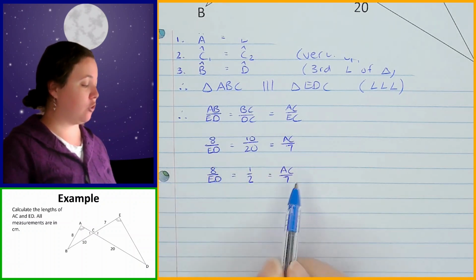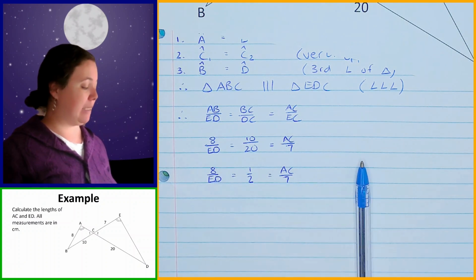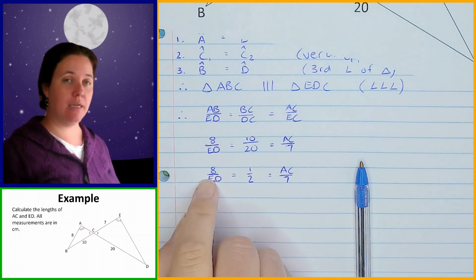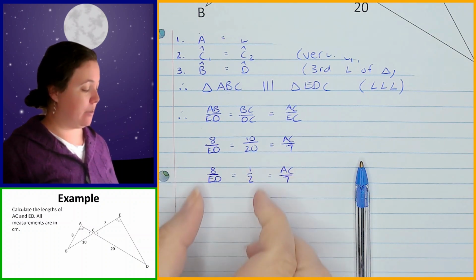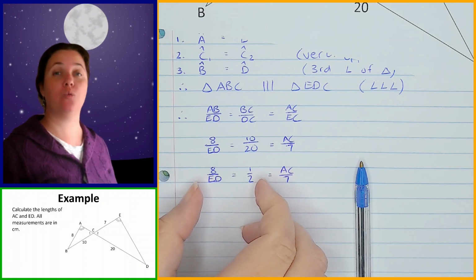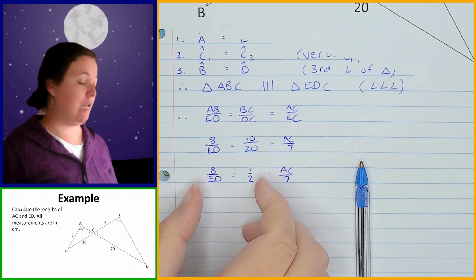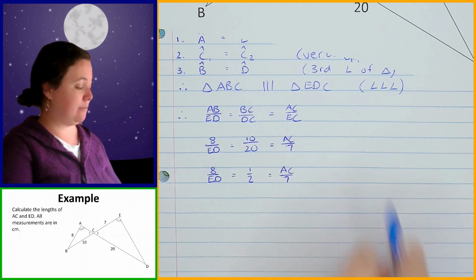Okay, so once I've got to this point, now I can go and work out what ED is by taking this fraction equal to the one where I know everything and making an equation out of that. So I'm just going to take those two equal to each other so I can work out what ED is. And then I will take these two equal to each other so I can work out what AC is.